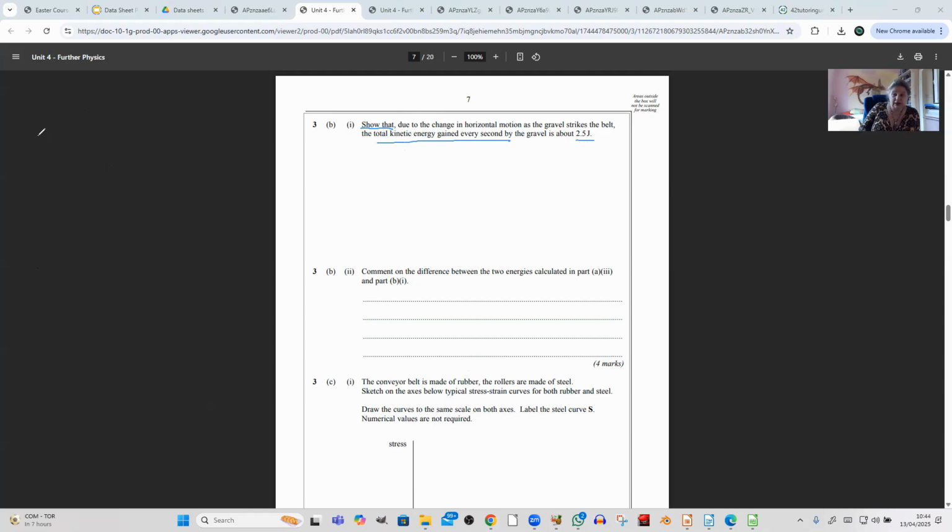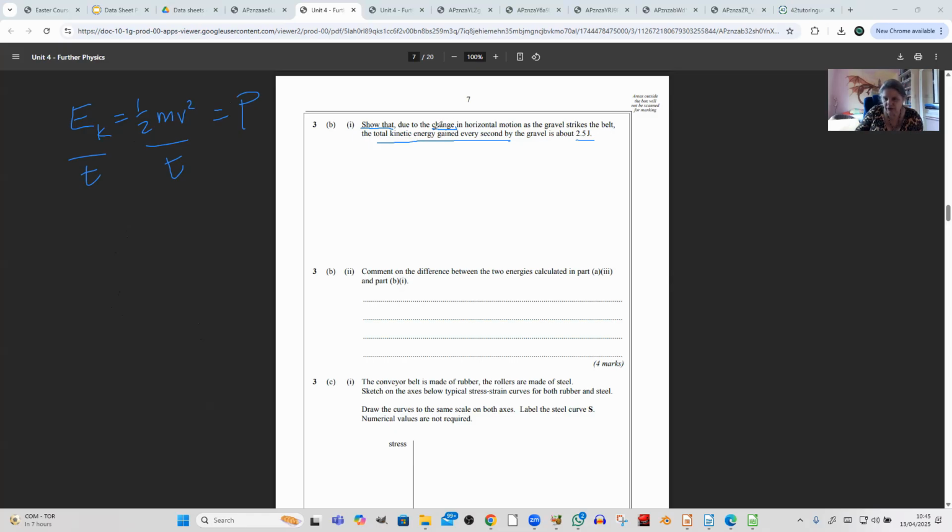Do you think it might be energy? Do you think it might be kinetic energy? What's the kinetic energy equation? Half mv squared. But it's every second, so actually it's power. So it's over t equals power. But it's the change in kinetic energy.